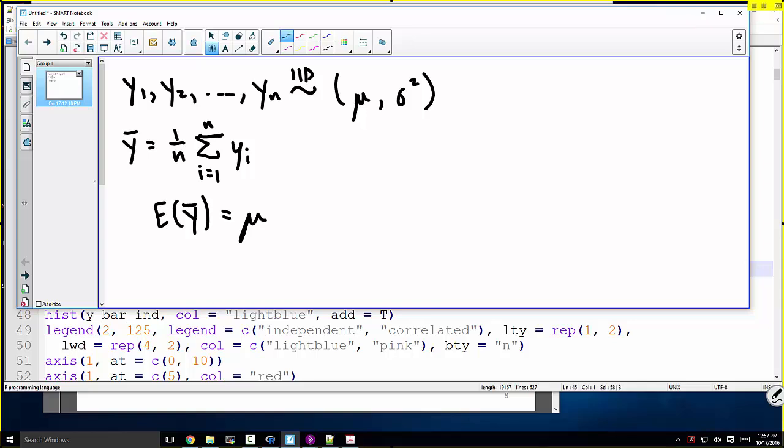Its average value is equal to the population value. That means if you repeatedly sampled from this population and computed y bar every time, on average, those y bars will equal mu. The other thing that we expect for a sample mean has to do with its variance, namely that the variance of y bar is equal to population variance divided by sample size.